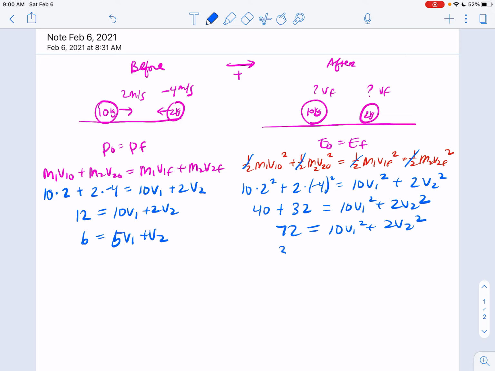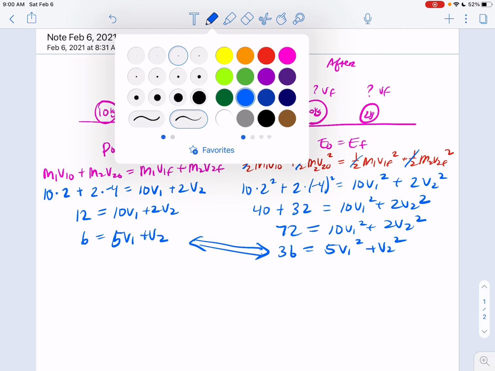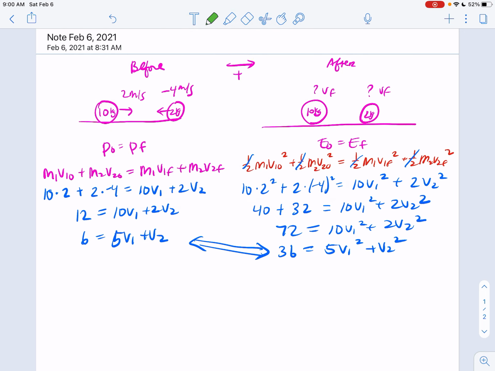Let's just divide everything through by 2 again, because that's going to make it a little bit cleaner. Now we have two equations with two unknowns, so I can solve these simultaneously in whatever way you choose. Usually the easiest thing to do is start with the momentum equation, solve for one variable, and plug it in.